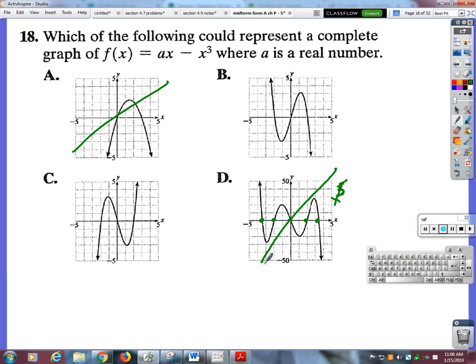So we just need to know whether it's B or C. Which one do you think? It is actually B because the higher exponent is negative, and so that means the graph is going down. So you see how as I go from left to right here, this graph is falling generally overall. This would be the answer if it was plus x cubed, because that graph is going up. Highest exponent is negative, means graph is going down.